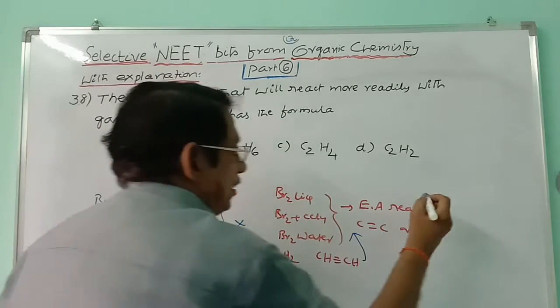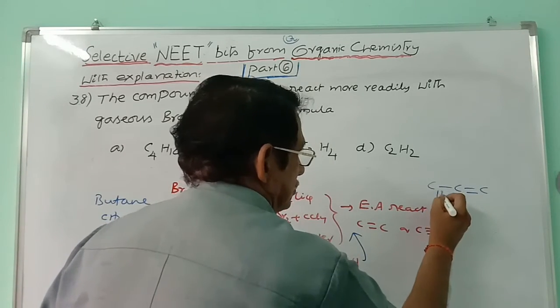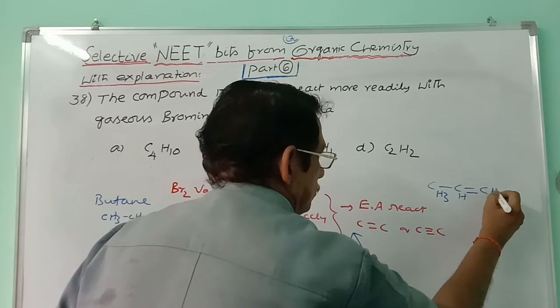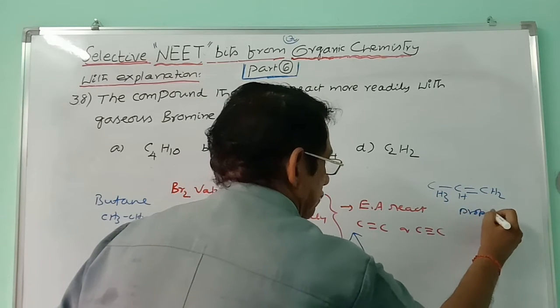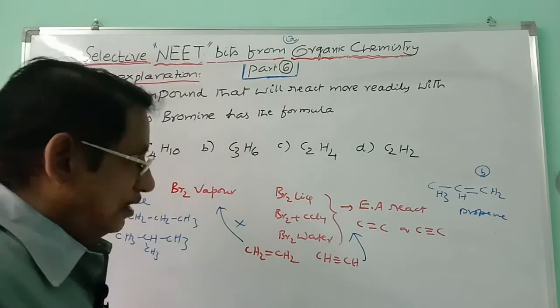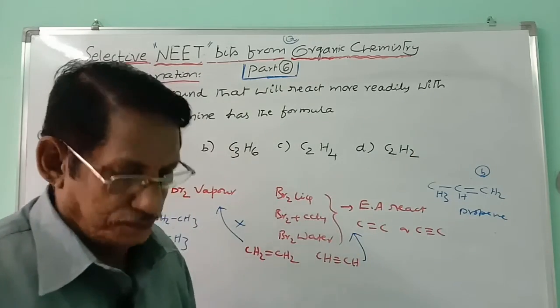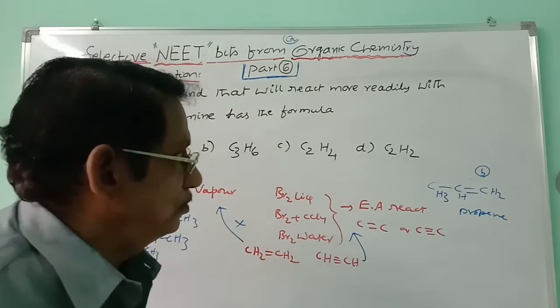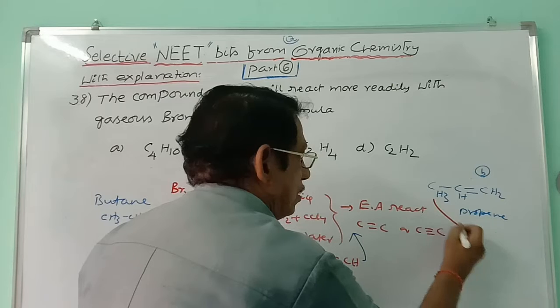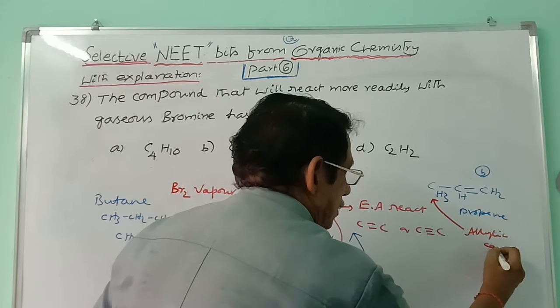That is propene, adjust the hydrogens. This is propene. In this case, addition will not be taking place here, but there is one carbon attached to the sp2 carbon. This is what you call allylic carbon.